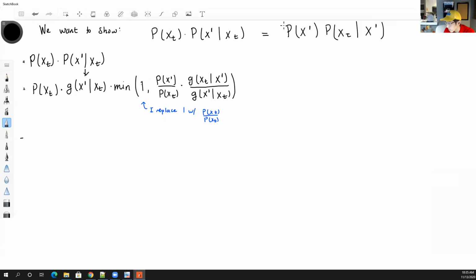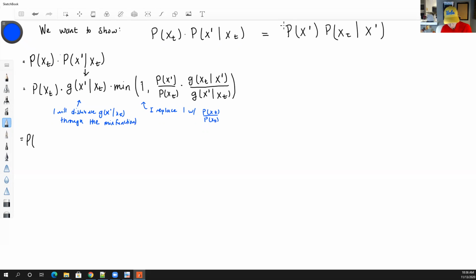And now I also distribute g of x prime given xt through the min function.